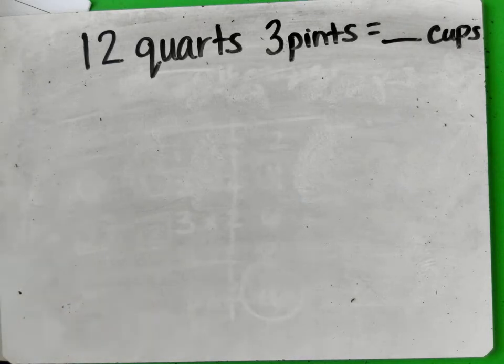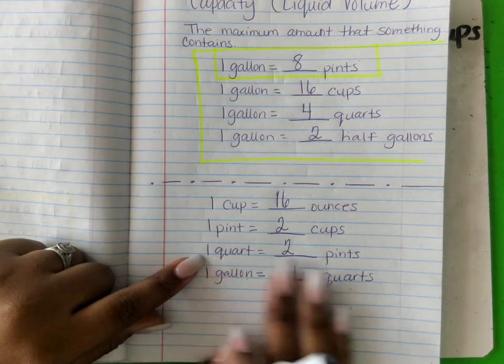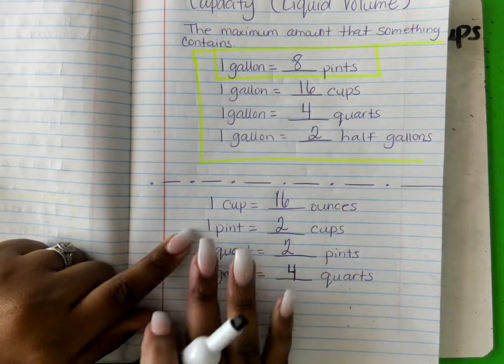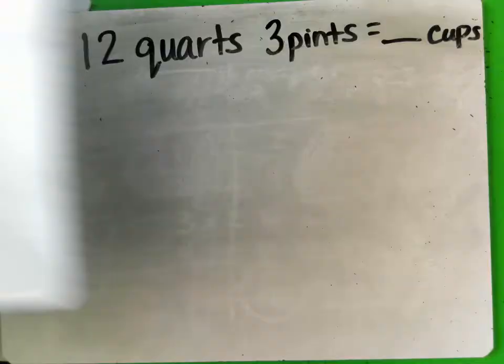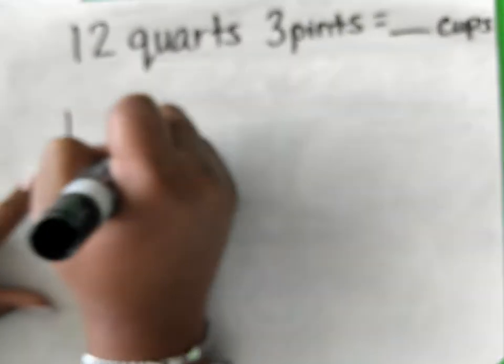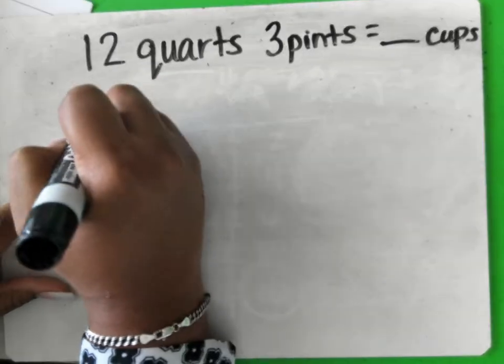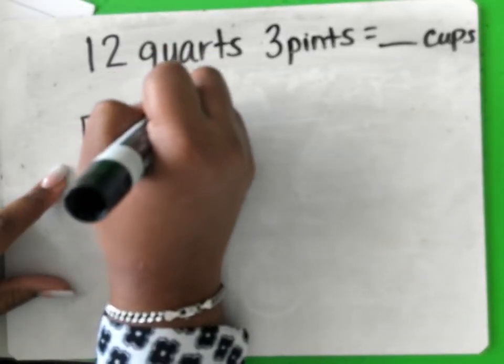How many cups are in 1 quart? Okay? Well, here we go. I have 1 quart, which is the same as 2 pints, right? And I know that 1 pint is the same as 2 cups. So here's the deal. I have 1 quart, which is the same as 2 pints. Okay?